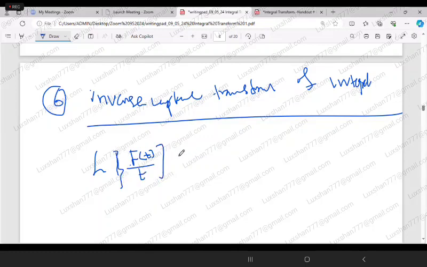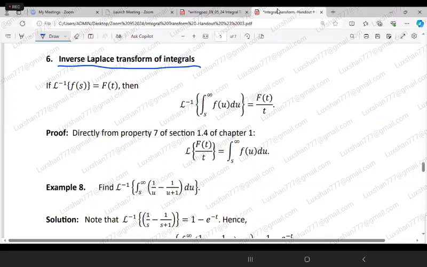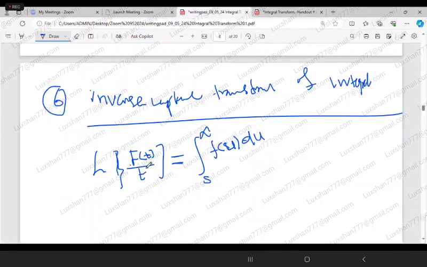Can anyone tell me what is the Laplace transform of f(t) over t? The Laplace transform of f(t) over t is nothing but the integration from s to infinity of f(u) du, isn't it? So that is the definition. When you divide the function by t, its Laplace transform is the integration from s to infinity of f(u) du.